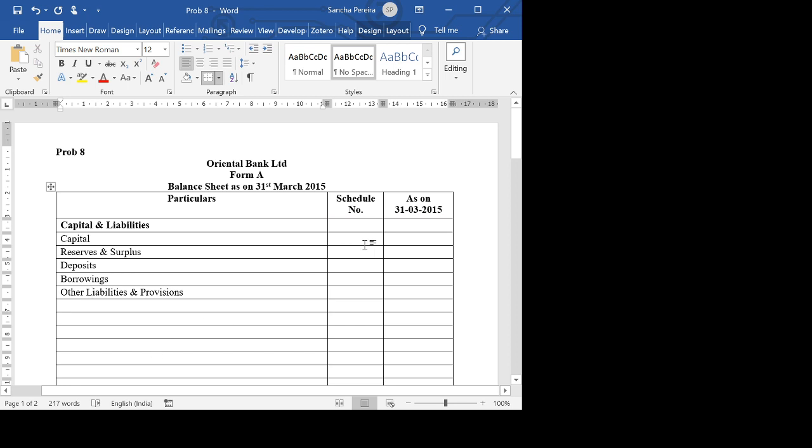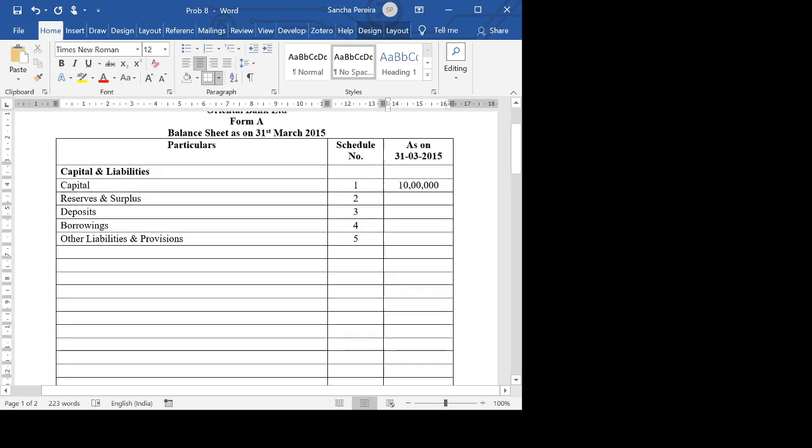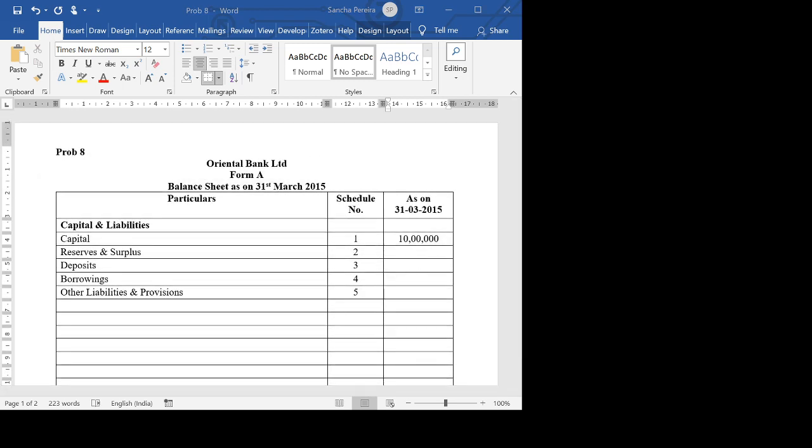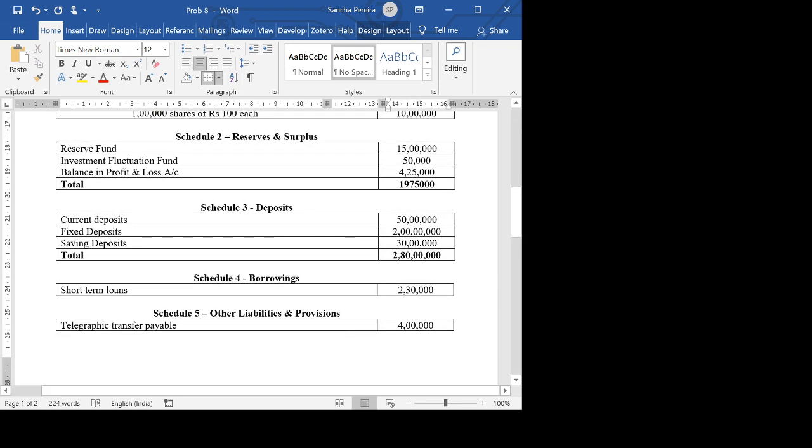Let's transfer this. This is 1, 2, 3, 4, and 5. So 1, share capital, is 10 lakhs. Then reserves and surplus, how much did we have? 19 lakhs 75,000. Then we have deposits, which is 2 crores 80 lakhs.